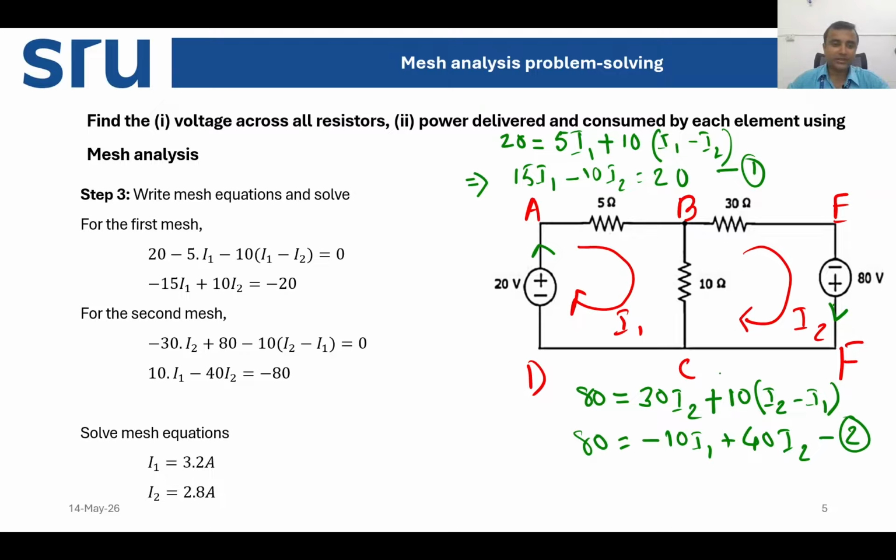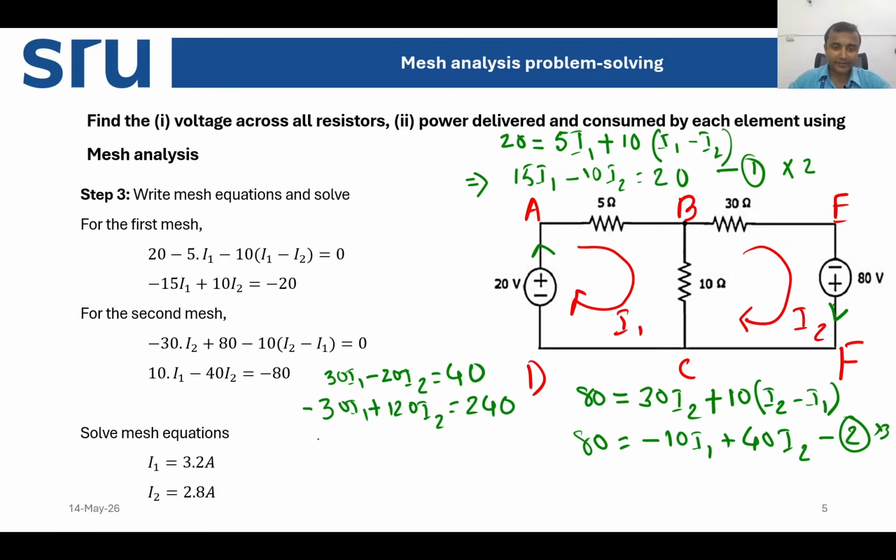Now these two simultaneous equations are obviously solvable, and if you don't believe me, we can do a solution pretty quickly. How to do that? We can multiply the first by 2 and the second by 3, and then we add. So it is 30 I1 minus 20 I2 equal to 40, and then here it is minus 30 I1 plus 120 I2 equal to 240.